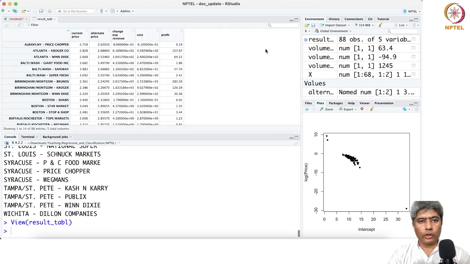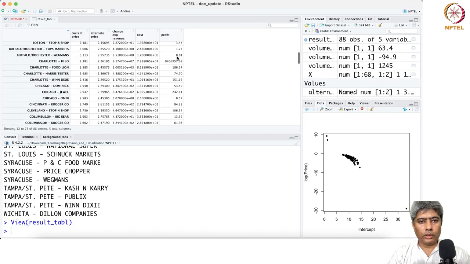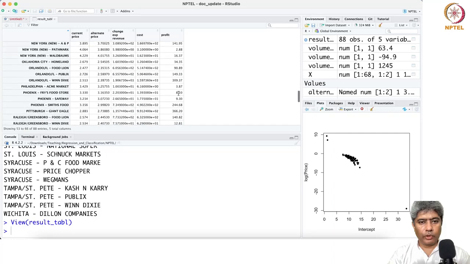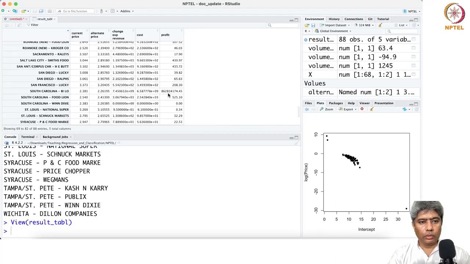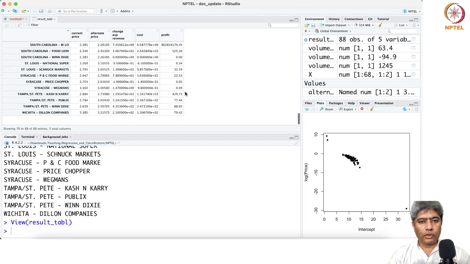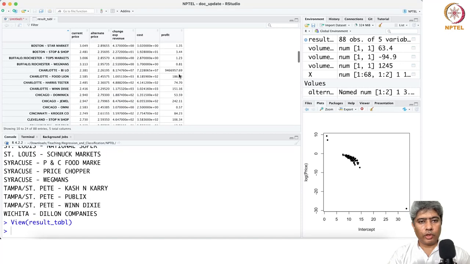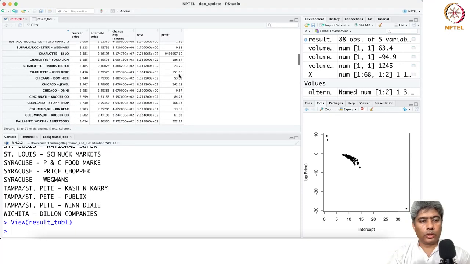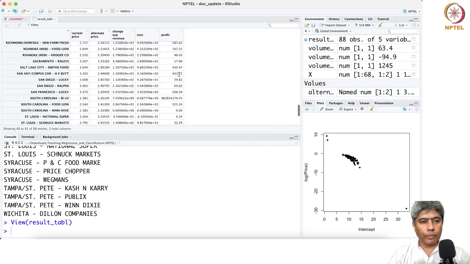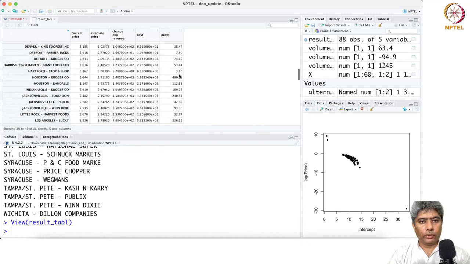Looks fine. Okay, here for Charlotte below there is a huge profit coming up. Below is also giving us quite a bit of huge profit. So there is something to do with the below, Charlotte and South Carolina.